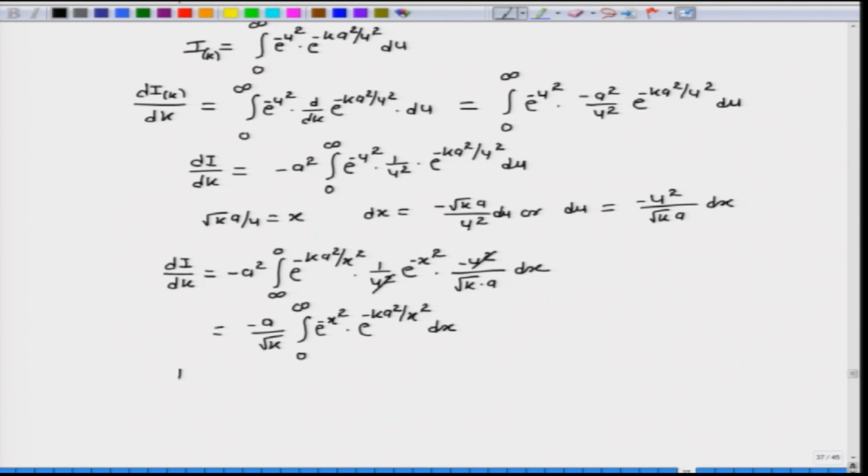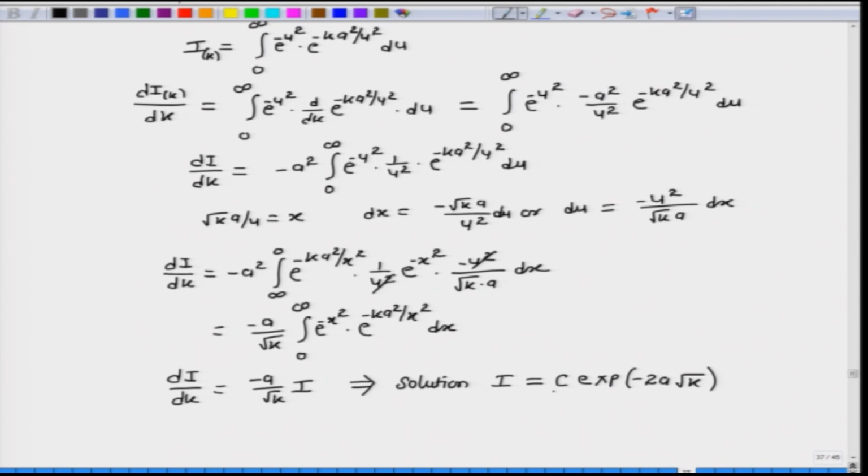So, what we get here is dI by dk is equal to minus a by root k times I. Now, if we solve this equation, the solution for I is I equal to c exponential minus 2a root k, where c is a constant.